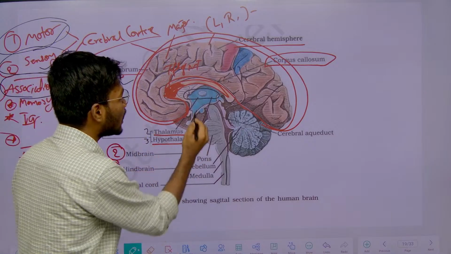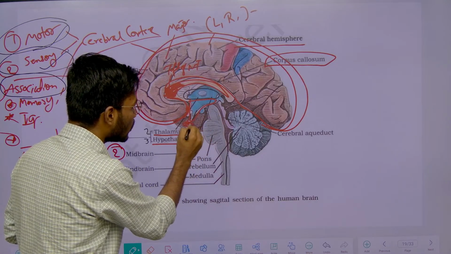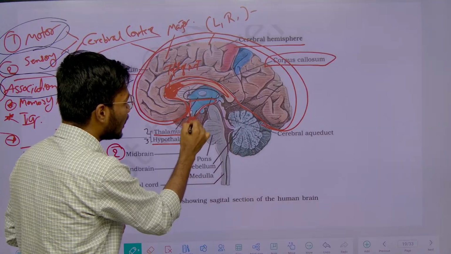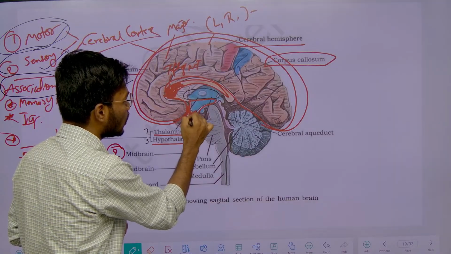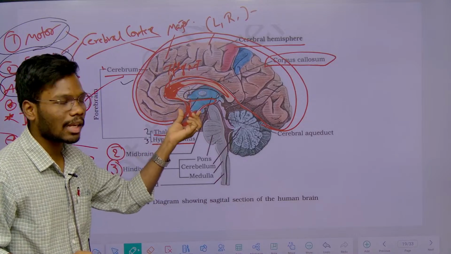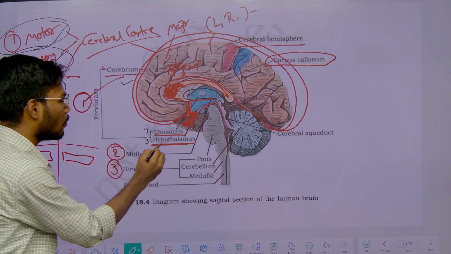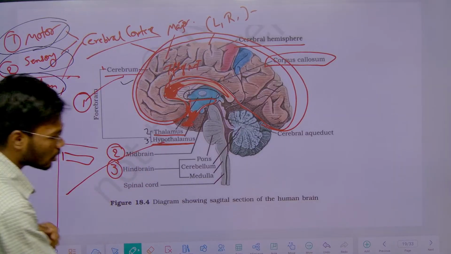And below the thalamus, we have what? Hypothalamus. About the hypothalamus, you will clearly understand in endocrinology. For now, just remember there is one part below the thalamus, called the hypothalamus.